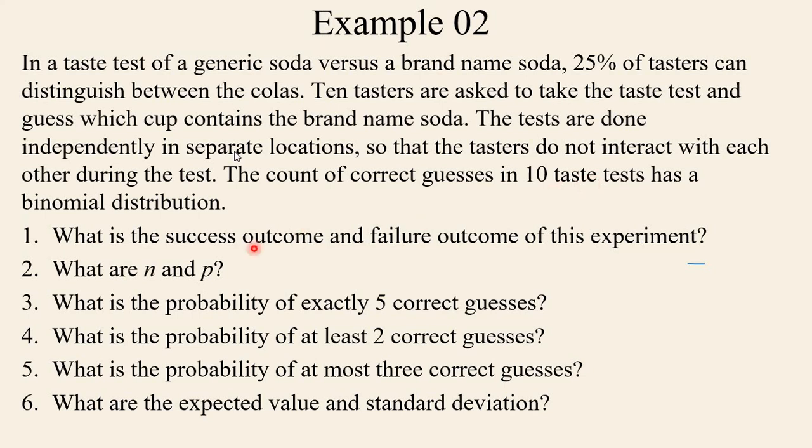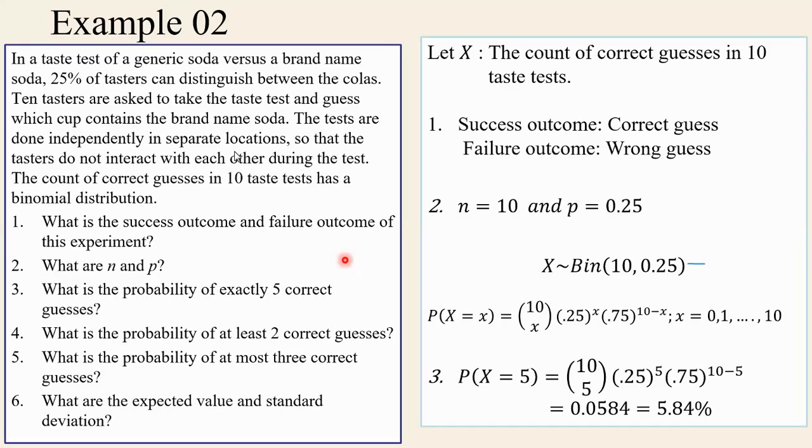From this, the first question: what are the success outcome and the failure outcome? According to this problem, we define X as the count of correct guesses in 10 tests, the number of correct guesses. Then the success outcome is a correct guess, and the failure outcome is a wrong guess.